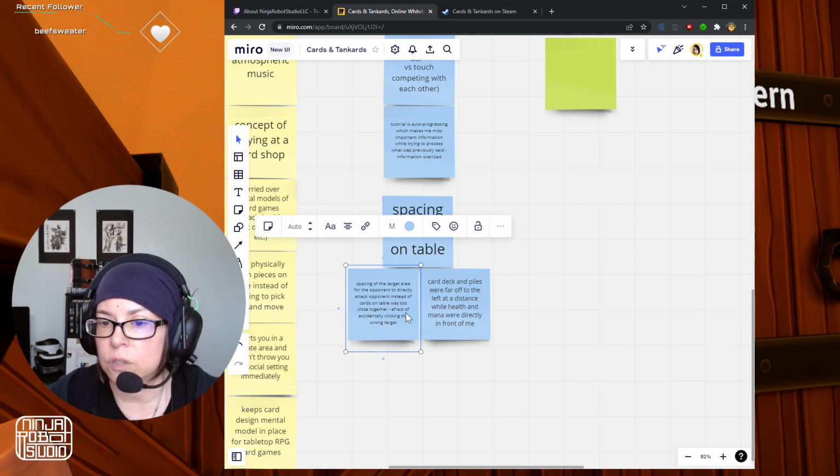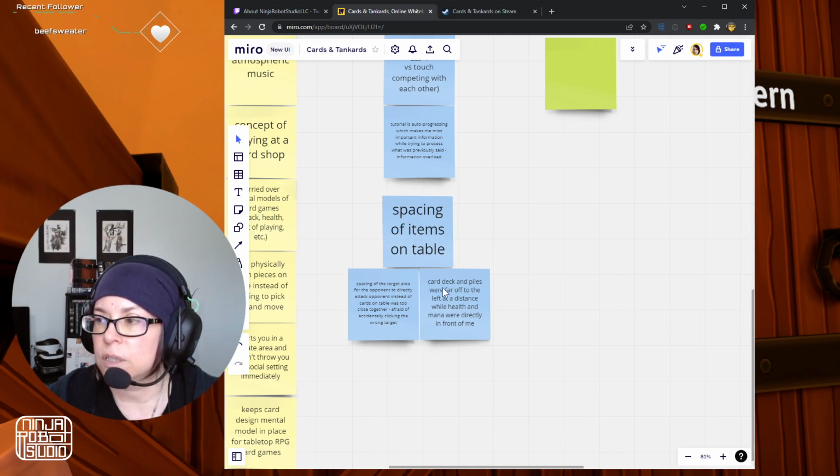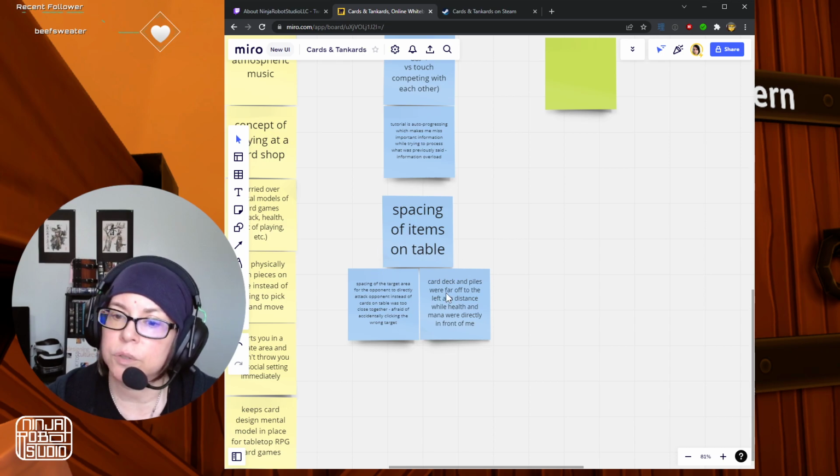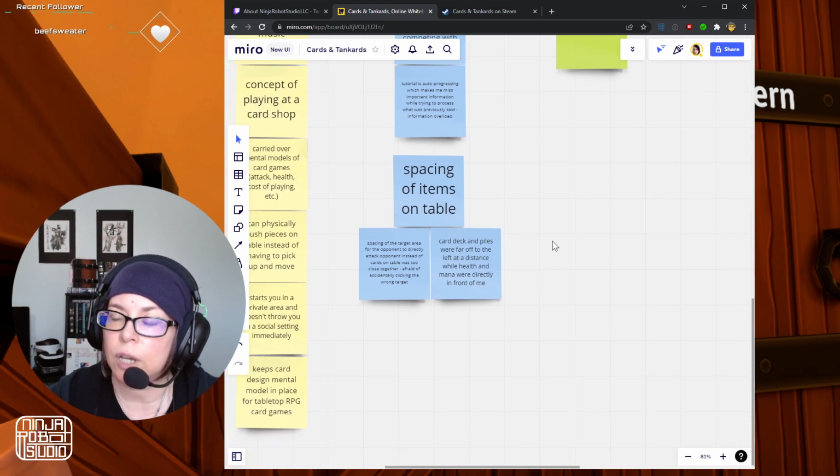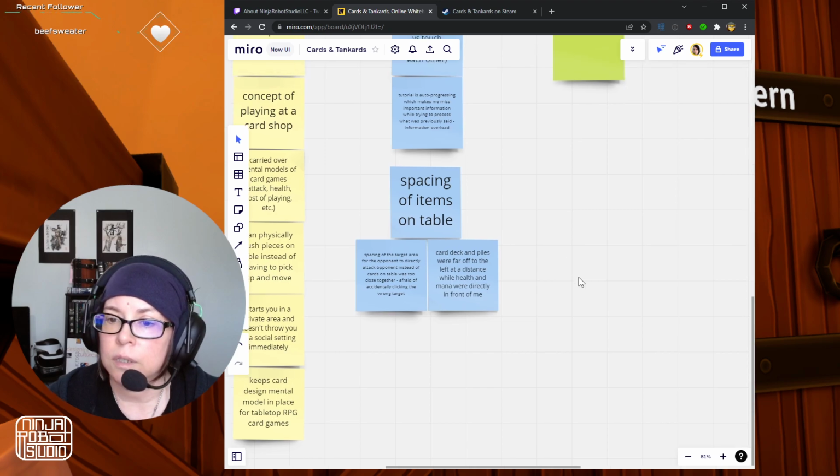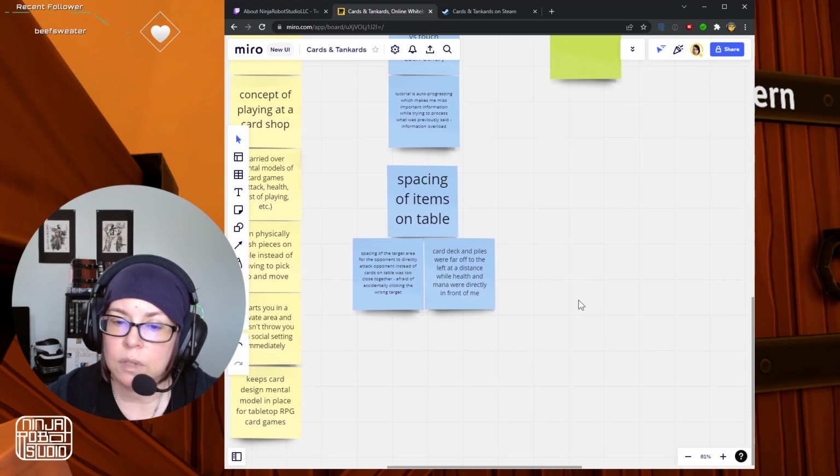I have my ideas for how I would do it, but it would be interesting to see other people's ideas and just sketch out a layout of a table and what that would look like.